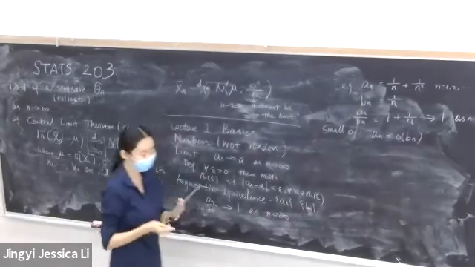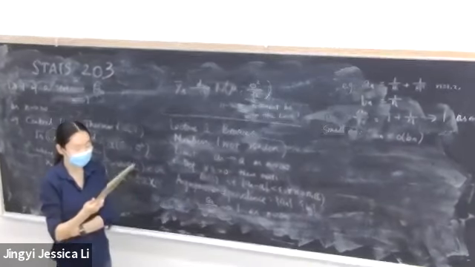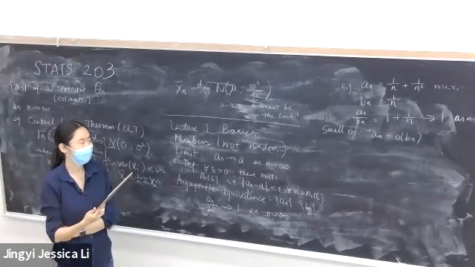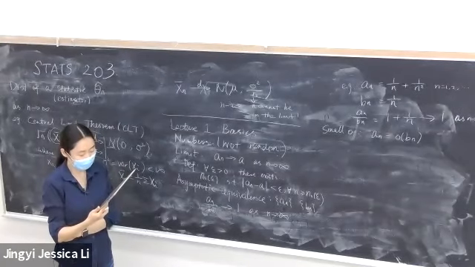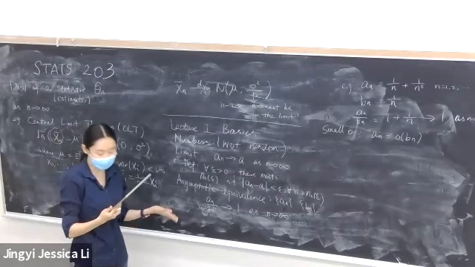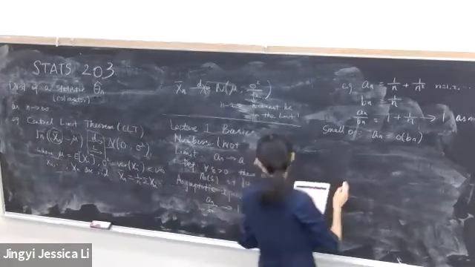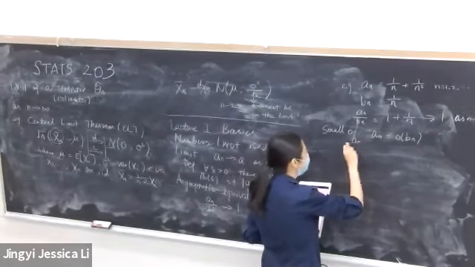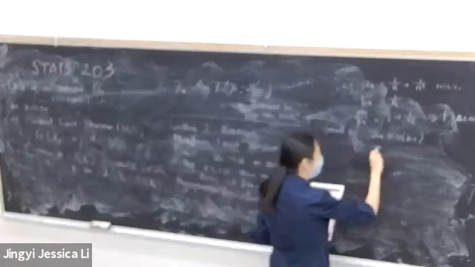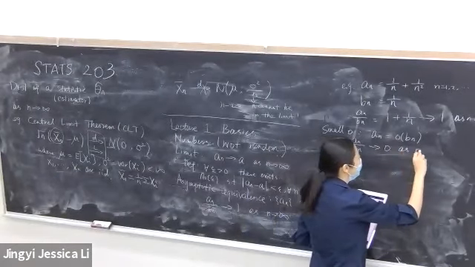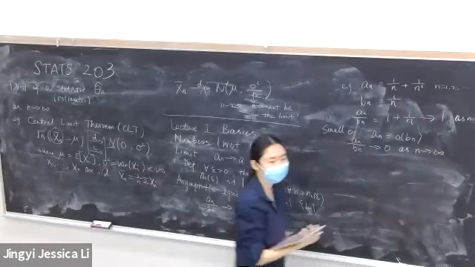What does this mean? In words, it means that an is slower than bn as n increases. But mathematically, it means that an over bn converges to 0 as n goes to infinity.